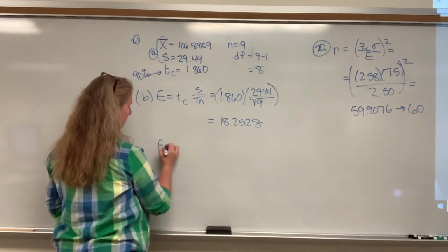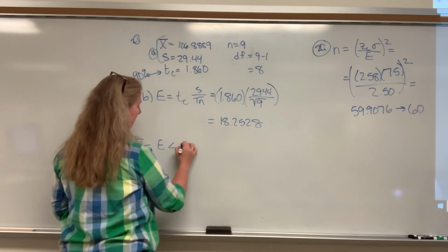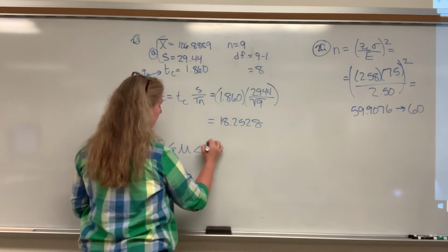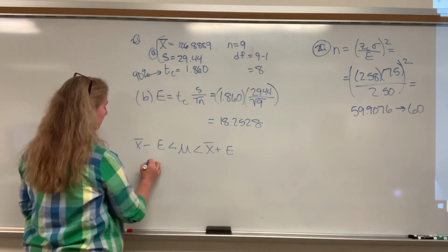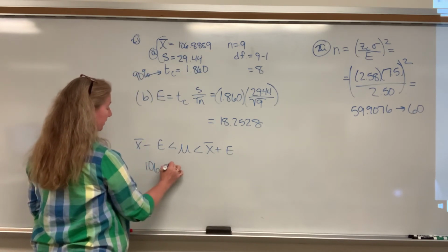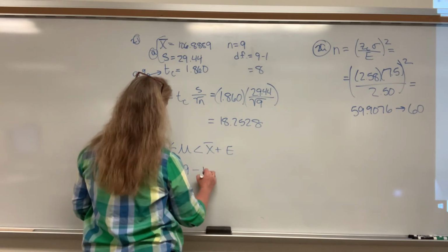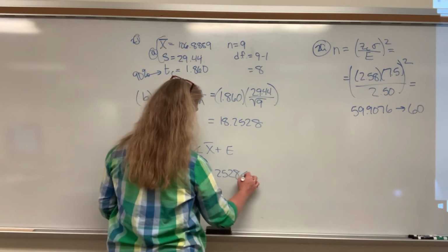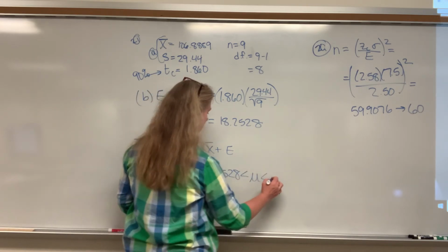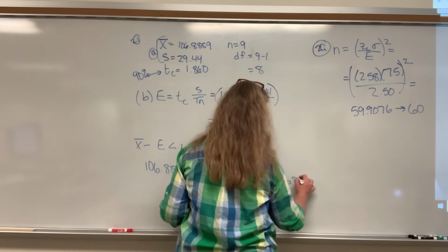So how do I do an interval? It's X bar minus the error is less than mu, which is less than X bar plus the error. What was X bar? 106.8889 minus 18.2528, which is less than mu. X bar is 106.8889.